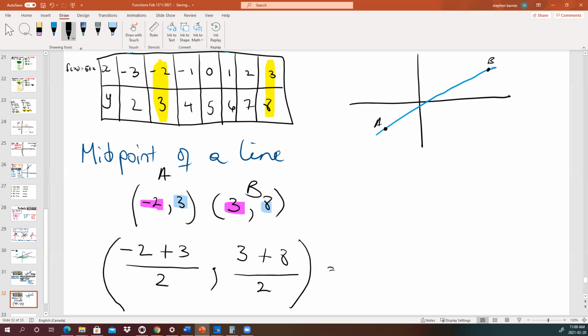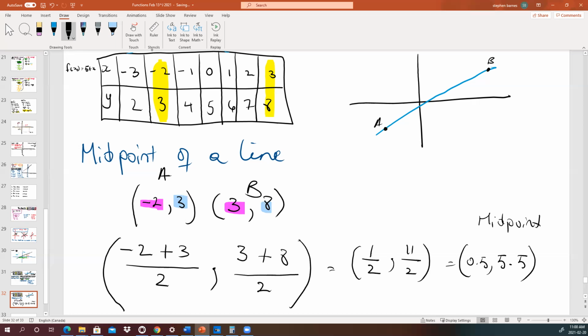So minus 2 plus 3 gives you positive 1, so this is 1 over 2, and 3 plus 8 is 11 over 2. So this is a half, can't go any further. So this is 0.5, and this would be 5.5. So this now would be the midpoint.